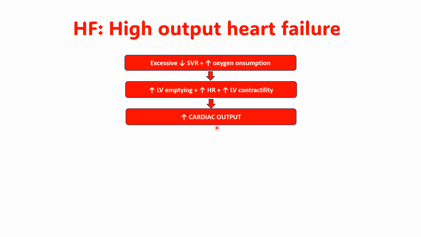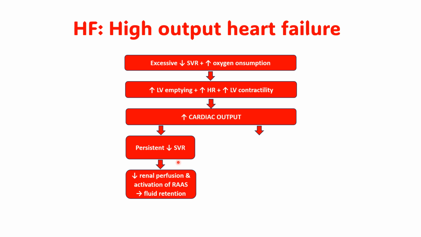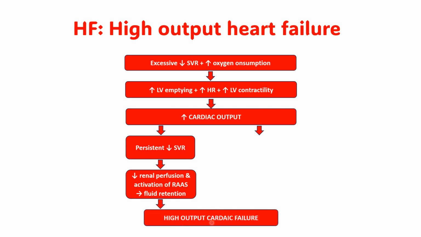Therefore, an increased cardiac output. But there's a persistent decrease in systemic vascular resistance, which leads to reduced renal perfusion and activation of the RAS system, which leads to fluid retention, and therefore this high output cardiac failure state.